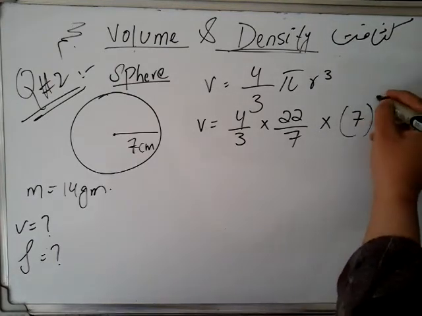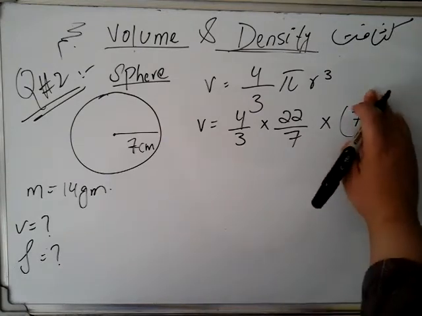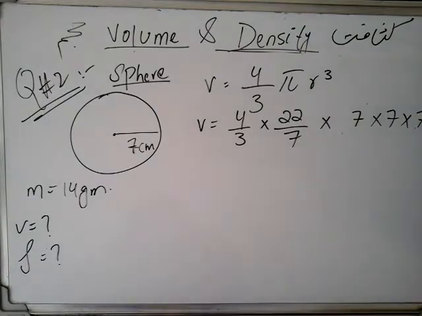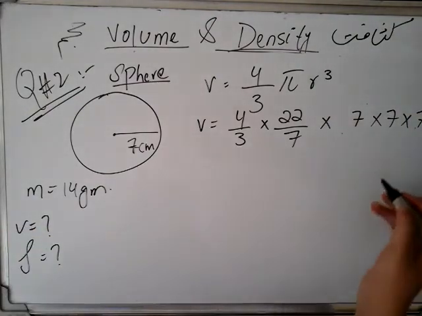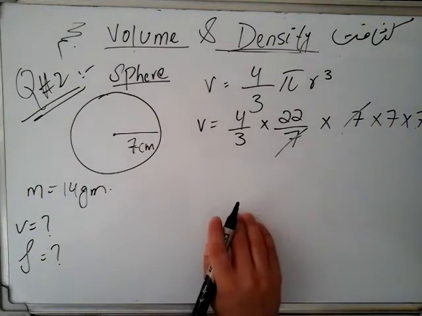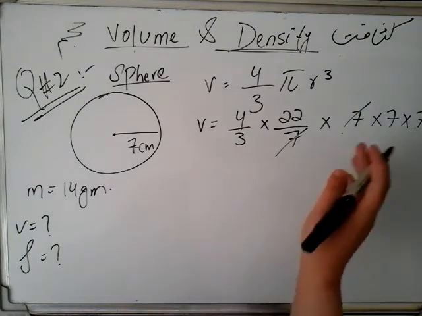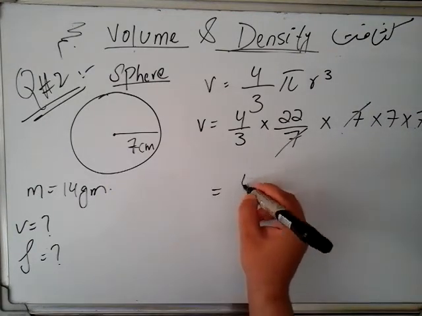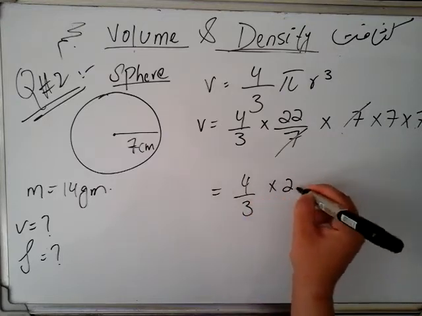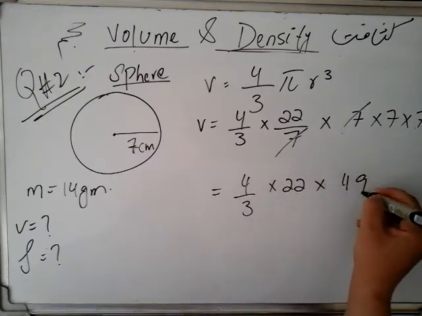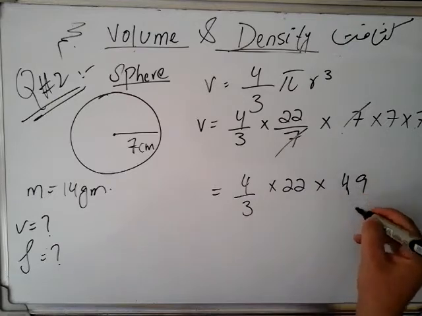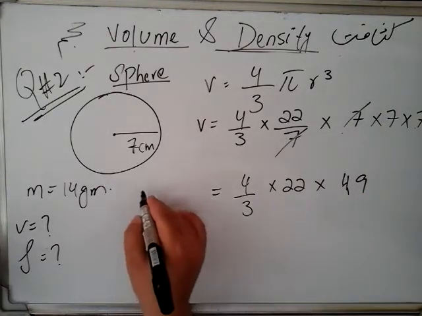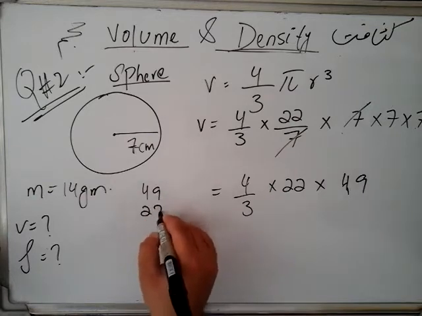I can write 7 cube in this way so as to do cross multiplication. 7 will get cancelled, and so 4 over 3 multiplied by 22 multiplied by 49. Is that clear?